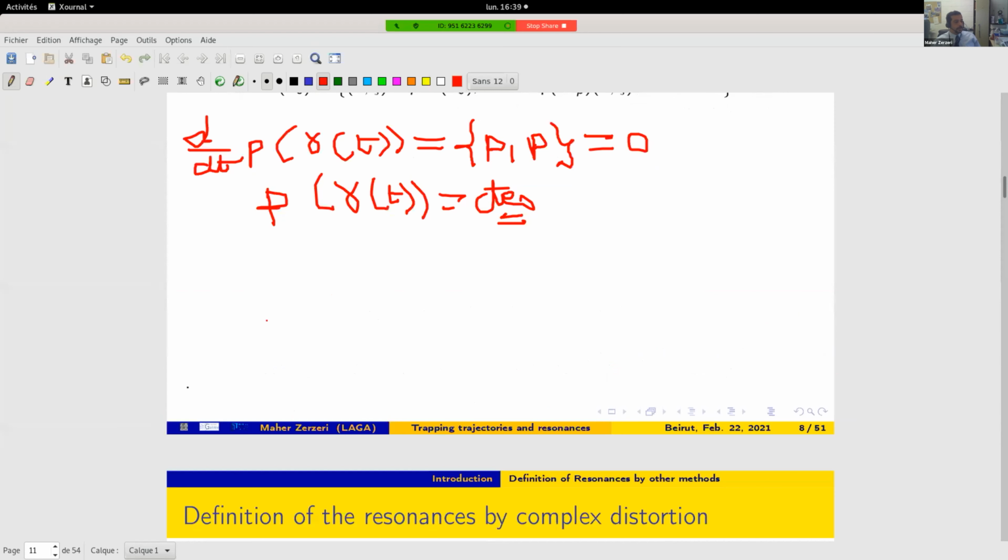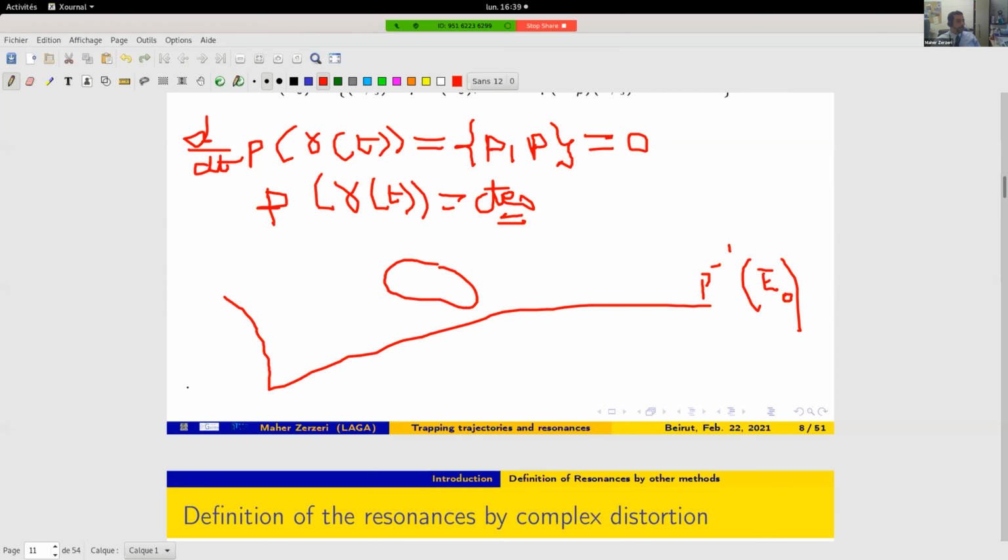So if you have, for example, P minus E0 here, the different curves live in the same level. This is a very important thing.